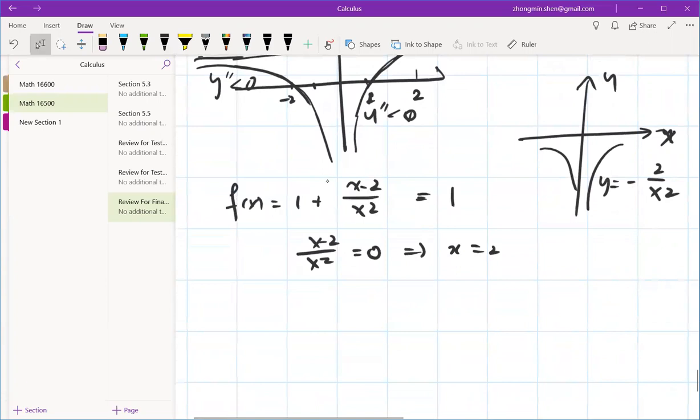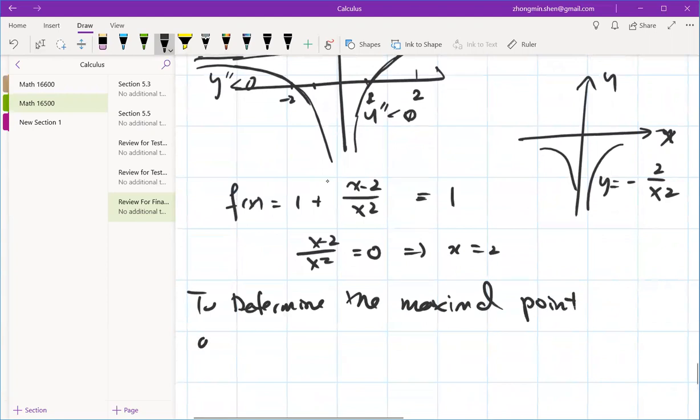Okay, it's a little bit complicated to find a derivative, but we can do that. To determine the maximum point and the inflection point, we have to compute the derivative.